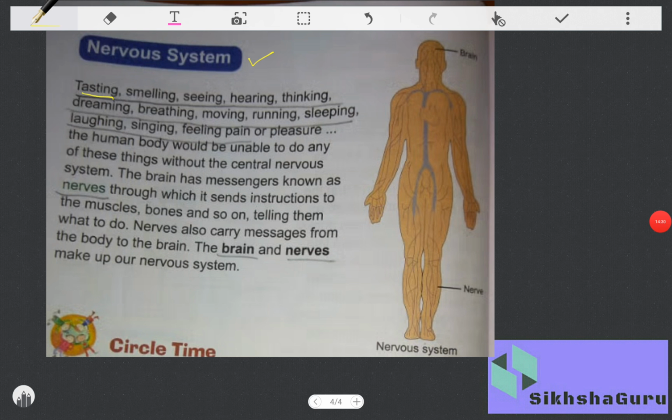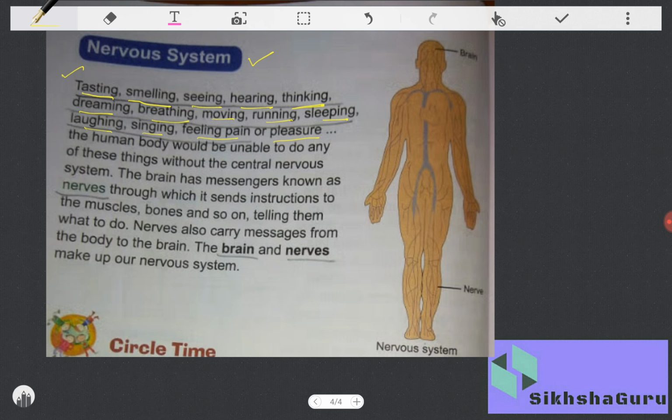Now, tasting. We taste food or anything with the tongue, smelling through the nose, seeing through the eyes, hearing through the ears, thinking with the brain, dreaming, breathing, moving, running, sleeping, laughing, singing, feeling pain by something, or pleasure, means amusement.